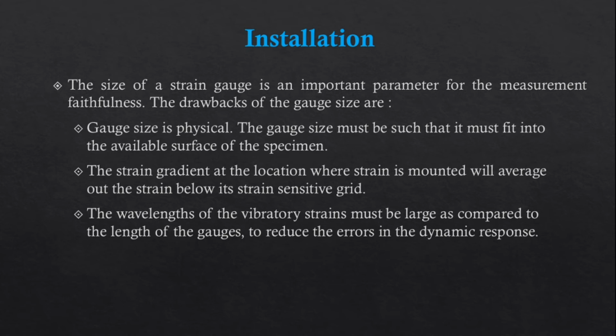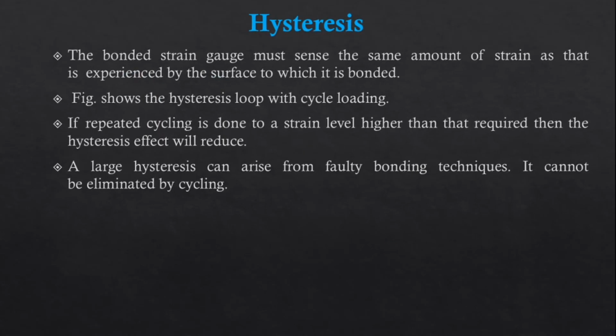Now talking about the next topic, that is hysteresis. Okay, the bonded strain gauge must sense the same amount of strain as is experienced by the surface to which it is bonded. So the bonded material also experiences some amount of force or stress, which is exactly the same amount that is sensed by the strain gauge.